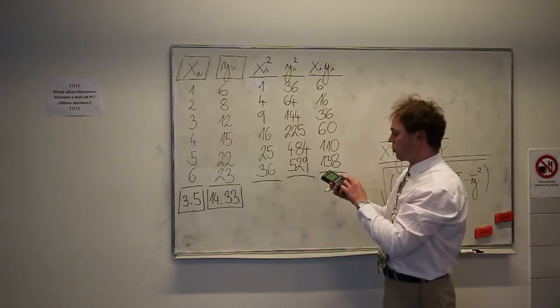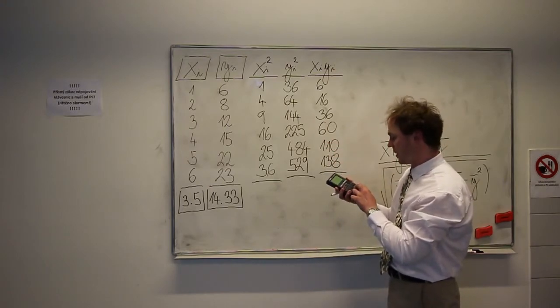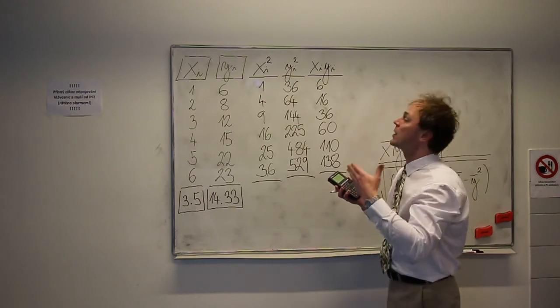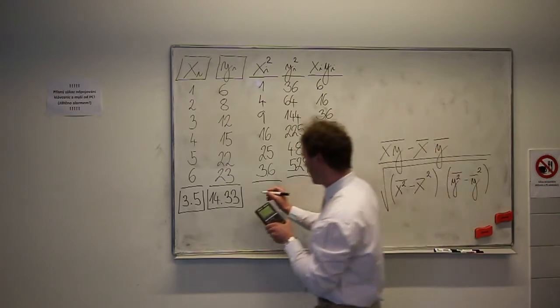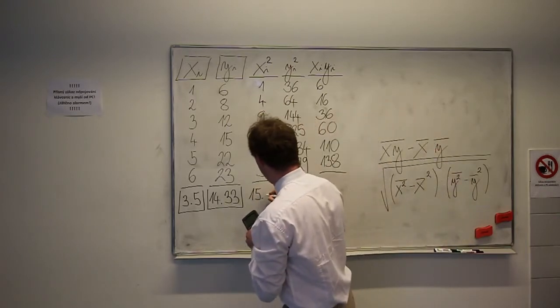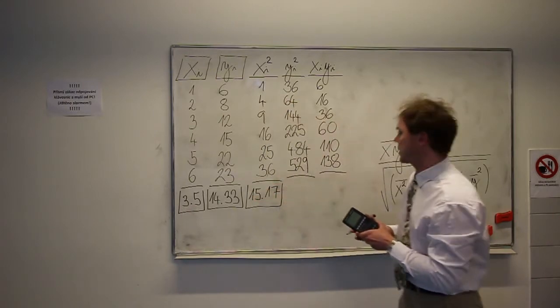And we can continue. 1 plus 4 plus 9 plus 16 plus 25 plus 36 is 91 divided by 6, 15.17. I'm using only 2 decimals, yes?